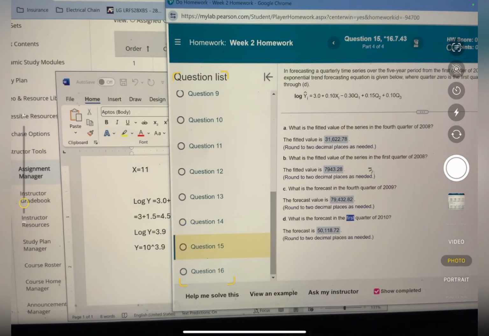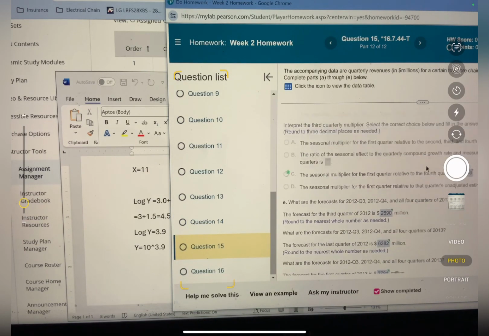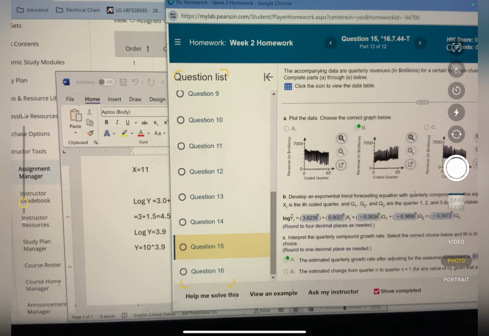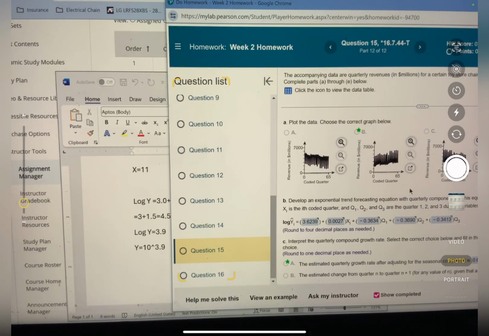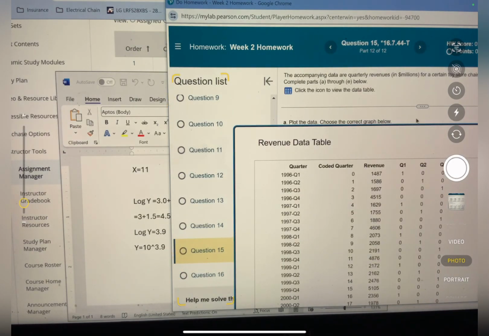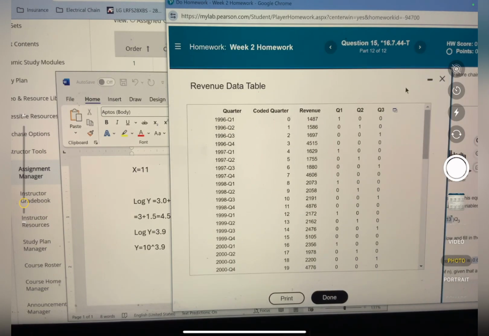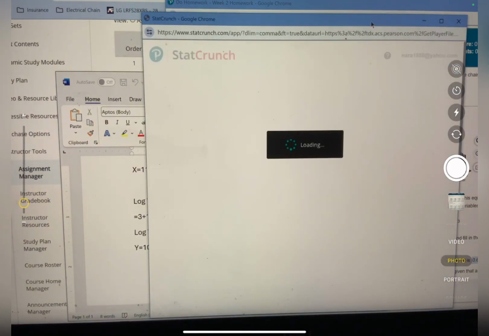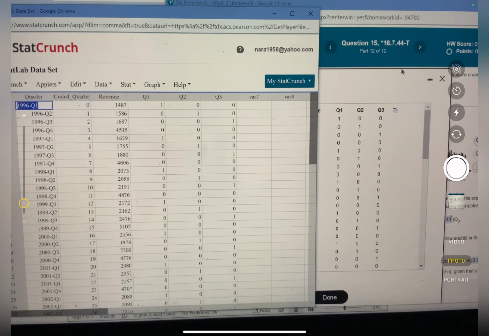Moving to question 15. No, we are not going to do this. It's too much logarithm. Hold on. Plot the data. Let me see what StatCrunch will give me. Wow, it's going to be by quarters.